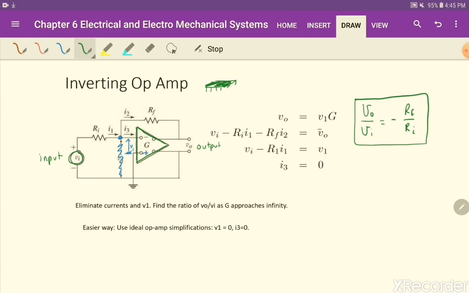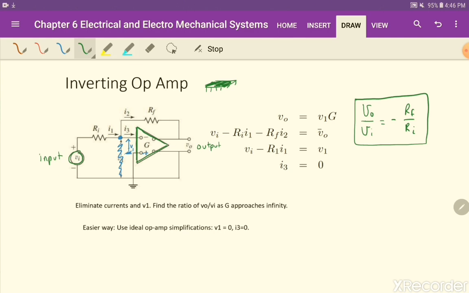So how is that possible? For an op-amp, you buy this little part, and the rest of it you wire. You choose the RI, you choose the RF, you wire all this, you wire the input voltage, and then you measure the output voltage.